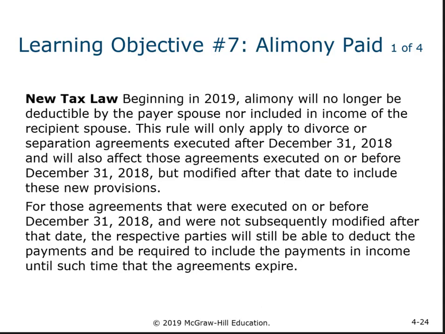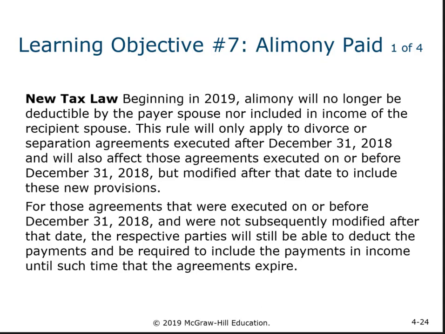Alimony. The law changed a little bit, okay? If any alimony or any divorce agreement is after 2018, alimony is not deductible or included in income. But if the agreement happened before 2018, which means there's lots of them out there that are still in place, right?